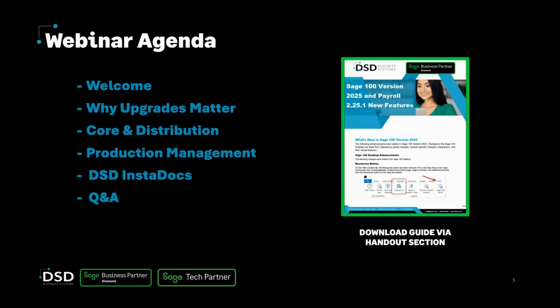It is also available in the materials portion of this GoToWebinar, so if it didn't make it into your inbox, please feel free to open that up and follow along, or save it for later when you can take some time to review it, because there's a lot of good stuff in there too.